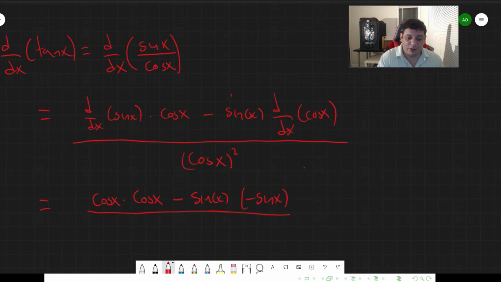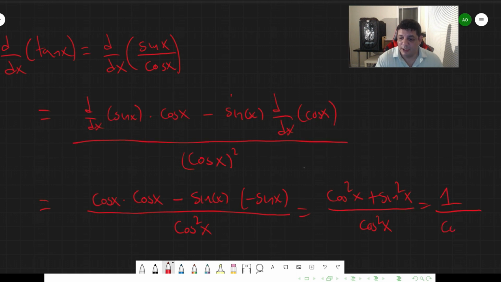And now this is cosine squared of x. Okay. But now if you take a look at this, the numerator is just cosine squared of x plus sine squared of x. And that is a basic trigonometric identity. So that's going to give me 1 over cosine squared of x.